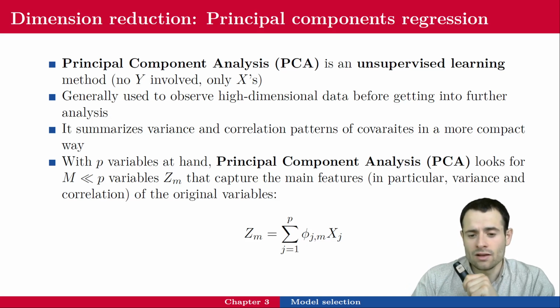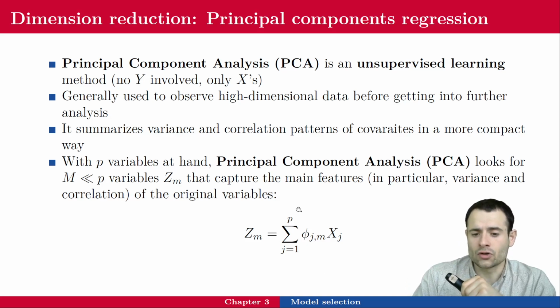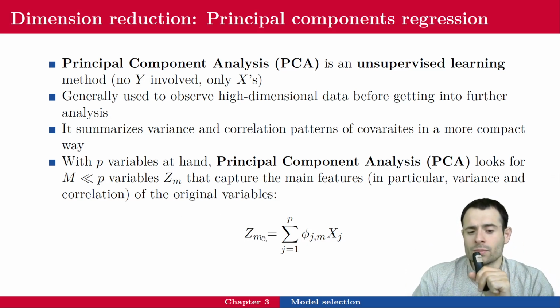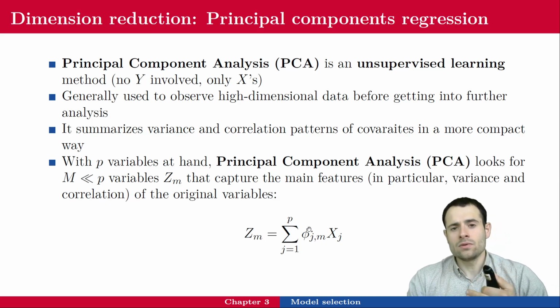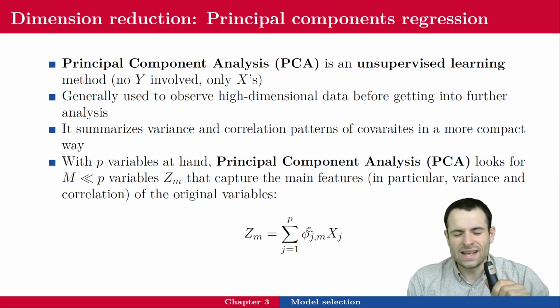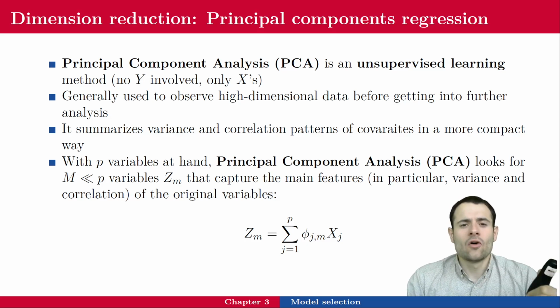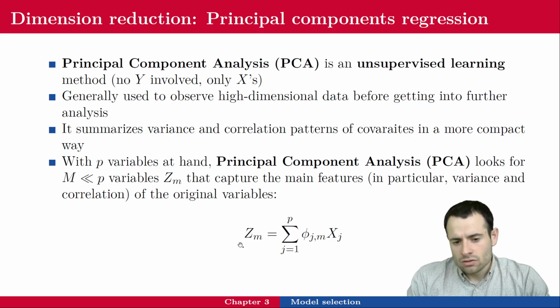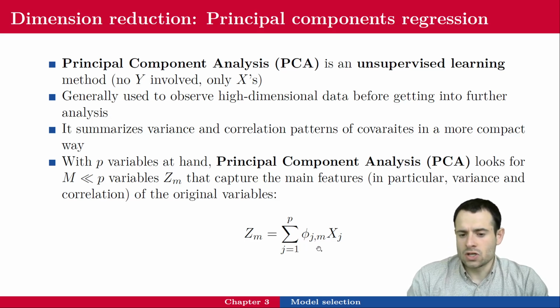So at the end of the day, it's a sum of 100 terms all into one term. The way those phi's are found, or not really estimated but found, follows an algorithm that I don't want to expose you to today. But the idea is that each z is going to be a combination of the x's.